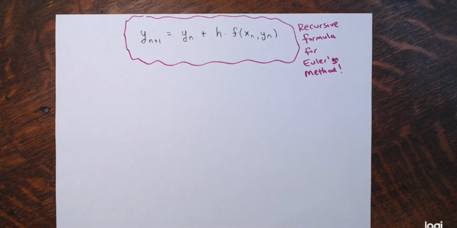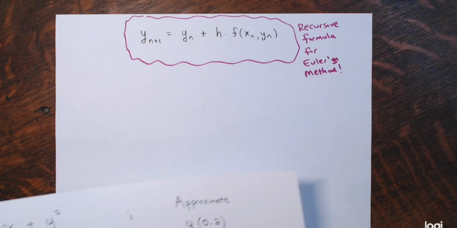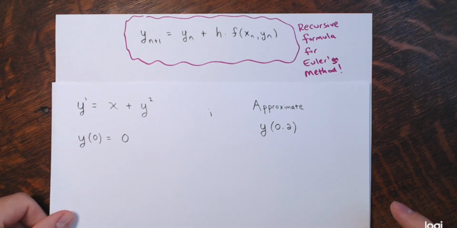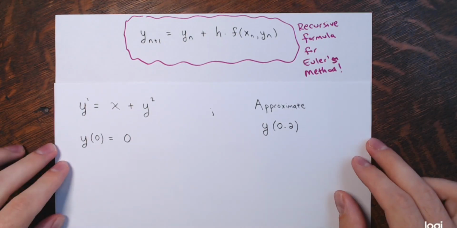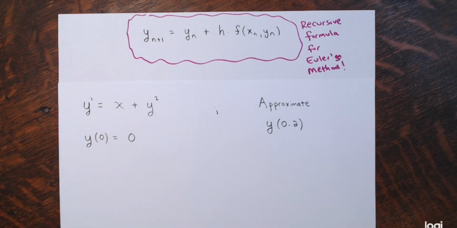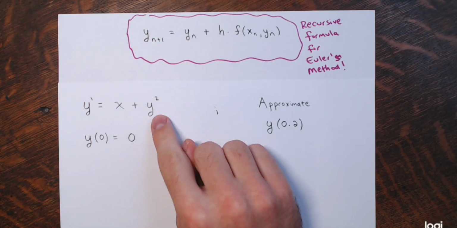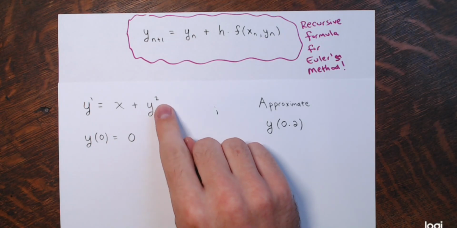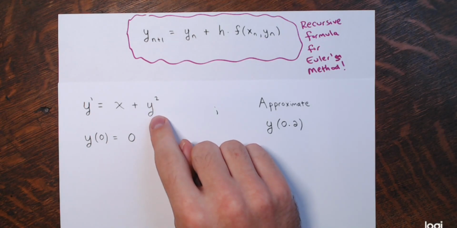Now my next example is one where, using methods that I've shown in previous videos, I can't really go about solving this exactly just yet. Might see some methods in the future, but for right now, this is a non-linear first-order differential equation, because of the y squared.